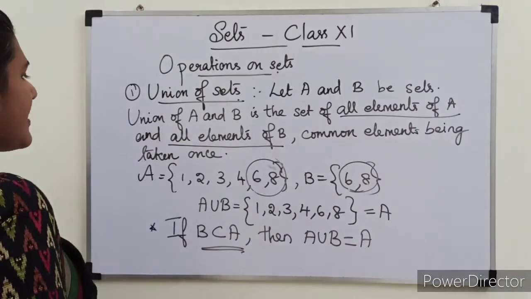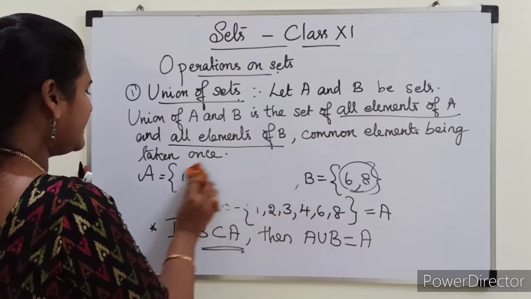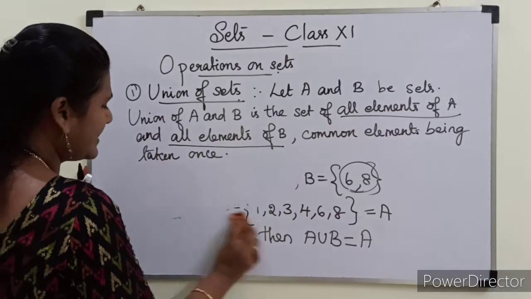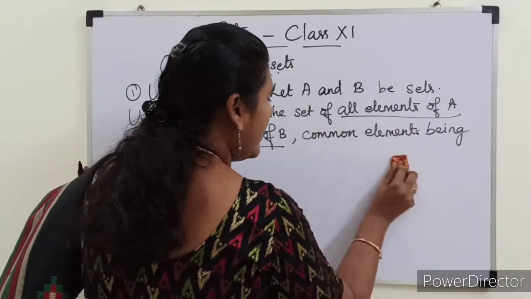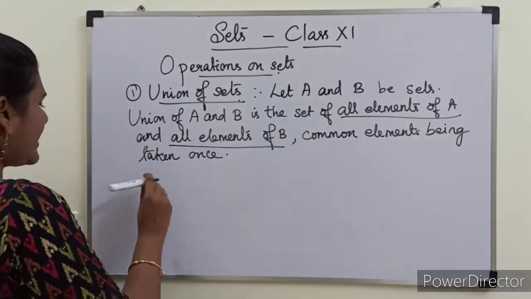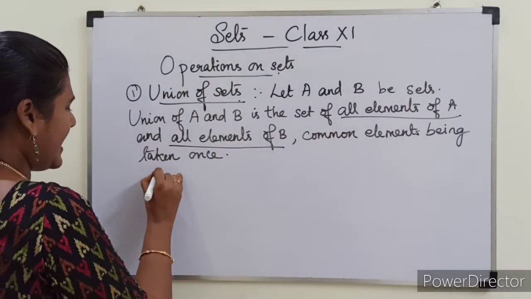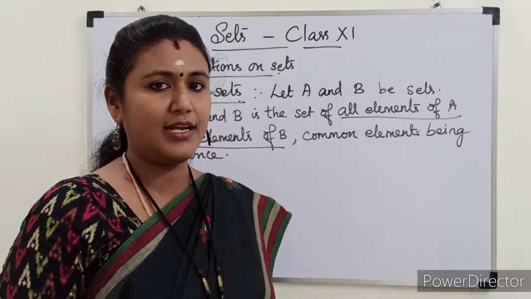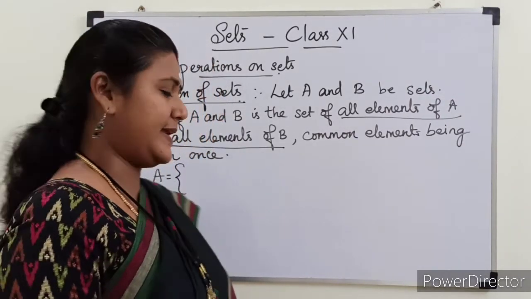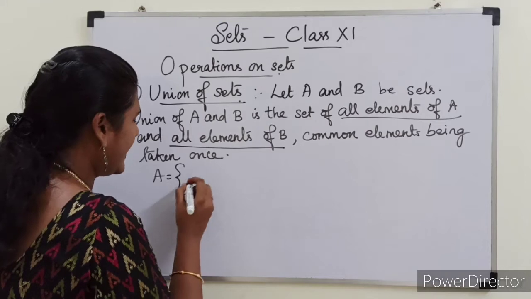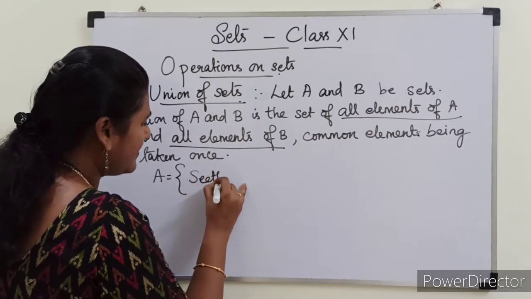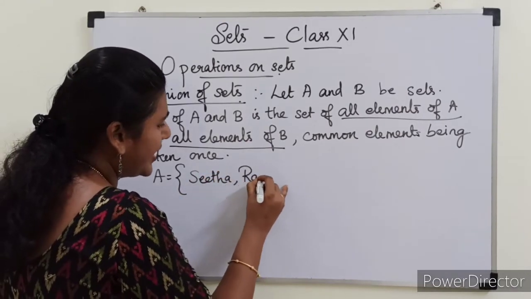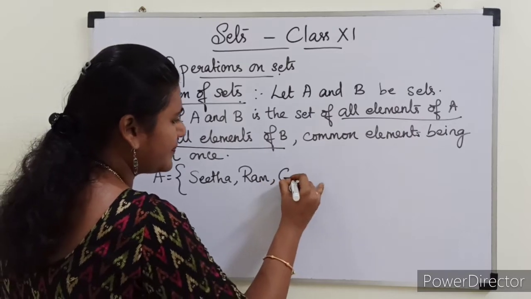Now we will consider another example. Let us consider the set A as the set of students in class 11 who are in cricketing. I am going to write a few names like Sita, Ram, Geeta.